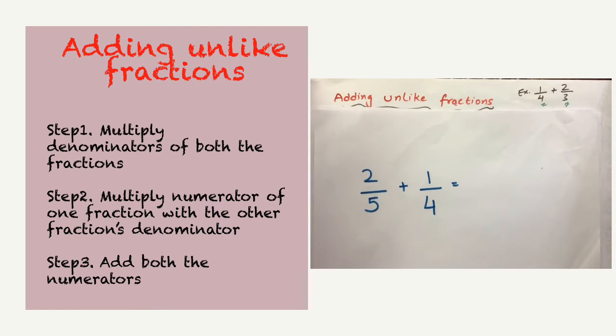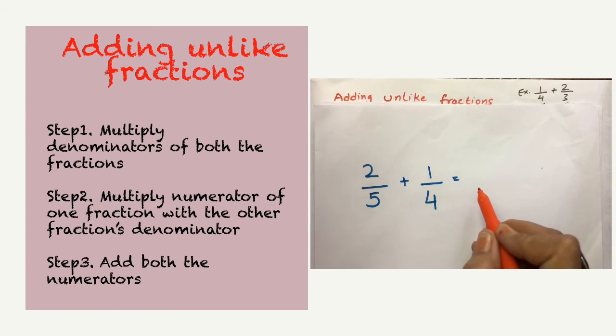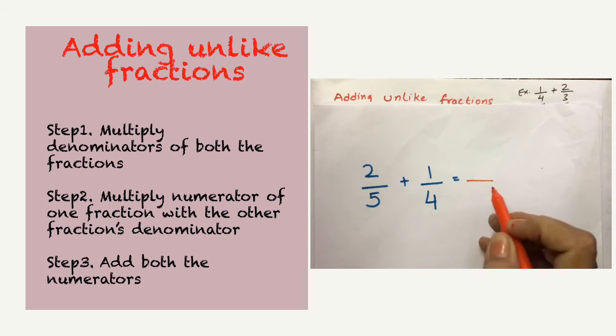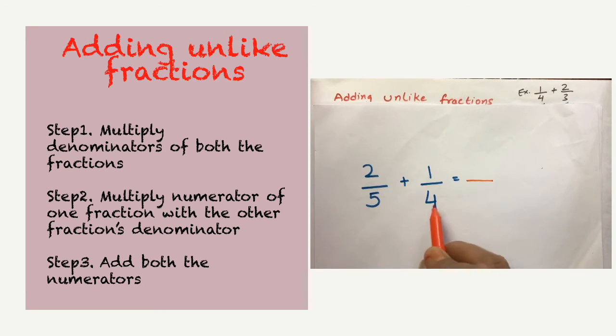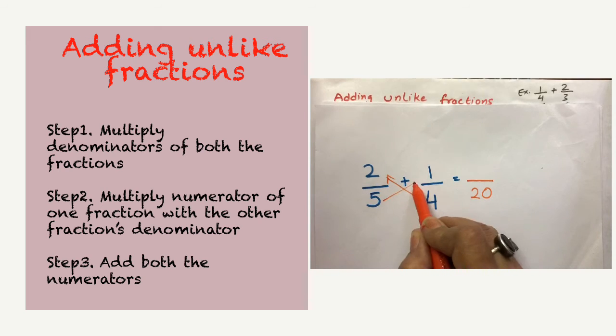Here we have 2/5 plus 1/4. So what do we do? We multiply these two numbers first. That is 5 into 4 gives 20. And now we will multiply these numbers diagonally.